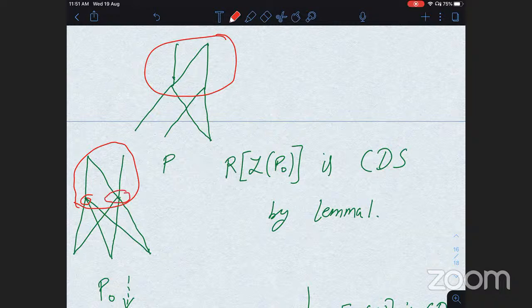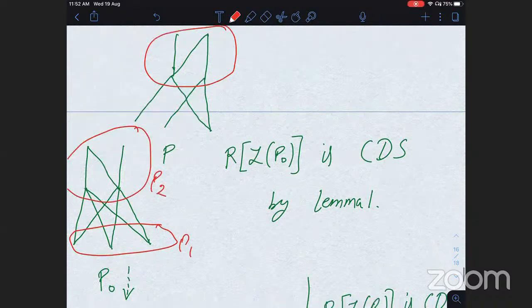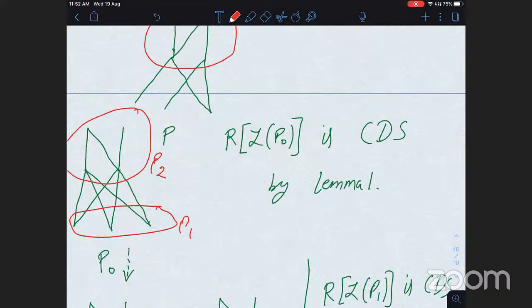So by lemma 1, R[P0] is CDS, because we can think of it this way: let's say this is my poset P1 and this is my poset P2. Then P0 is defined on P1 union P2 by the condition that every element of P2 is greater than or equal to every element of P1. And in lemma 1 we proved that in that case my Hibi ring is CDS.